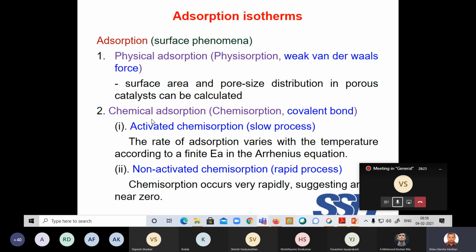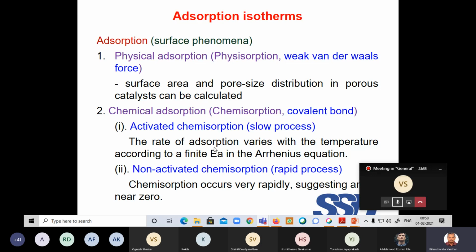This again is subdivided into two types: activated chemisorption and non-activated chemisorption. Generally, activated chemisorption is a very slow process. Non-activated chemisorption is a rapid process. So what is activated chemisorption? The rate of adsorption varies with the temperature according to a finite activation energy in the Arrhenius equation.